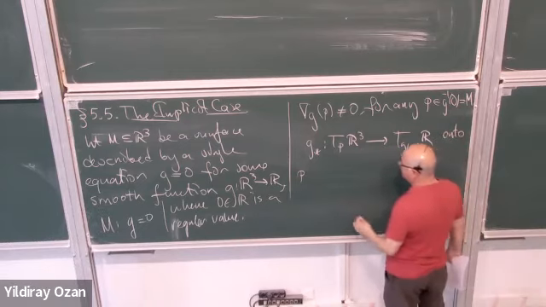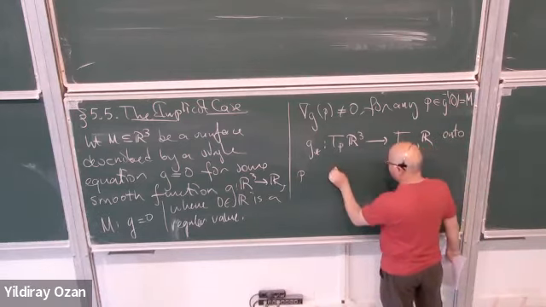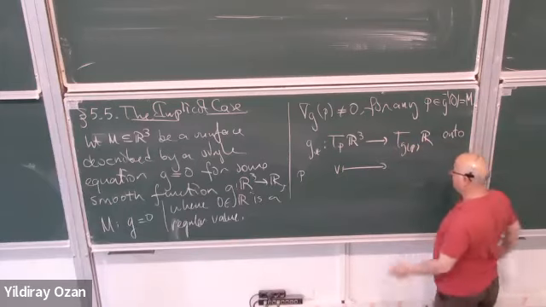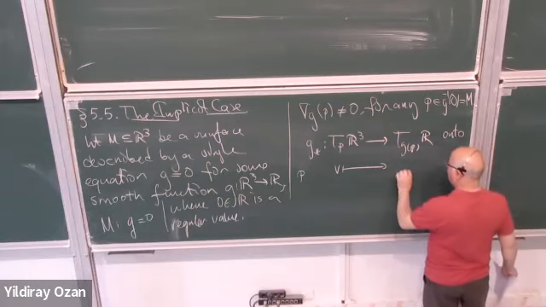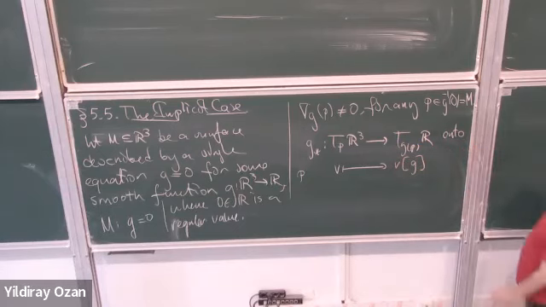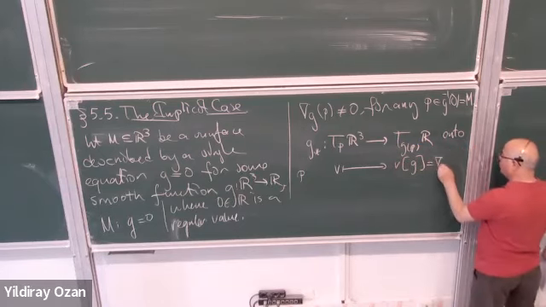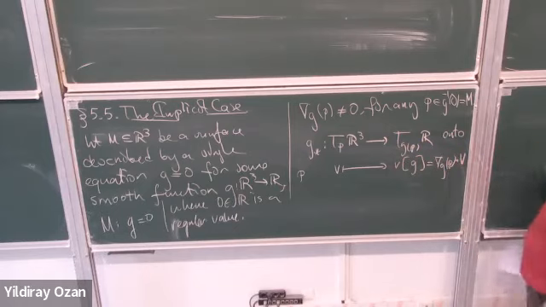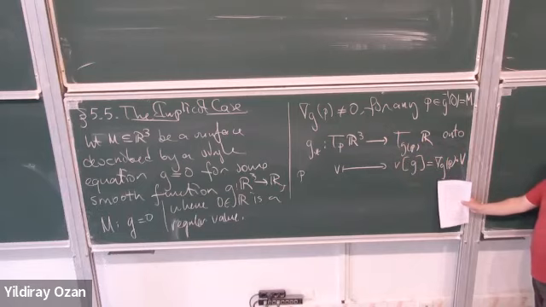And how is this given? Well, you take any vector. What is the image of this? That is just the gradient of G at P dot product V. So I want this function to be onto, okay?